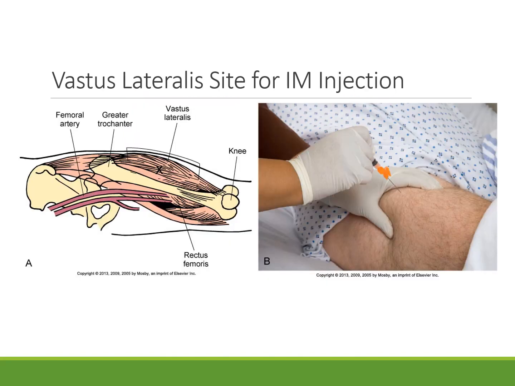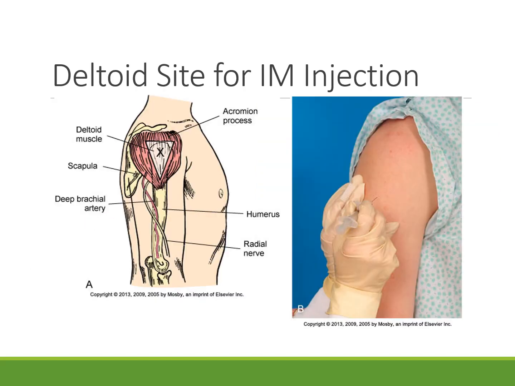So this presentation shows the actual administration of medication intramuscularly using the vastus lateralis muscle. The third muscle, and I think this is the most widely used, is called the deltoid muscle.